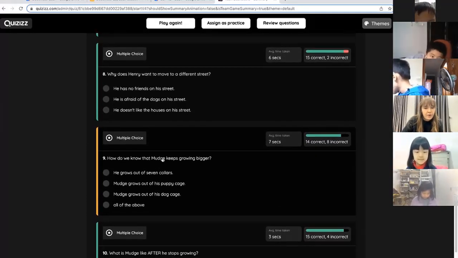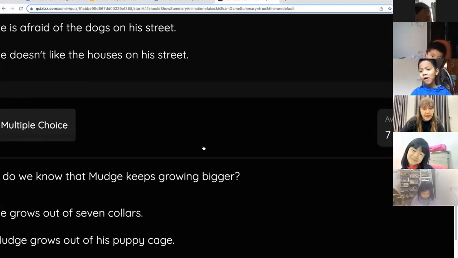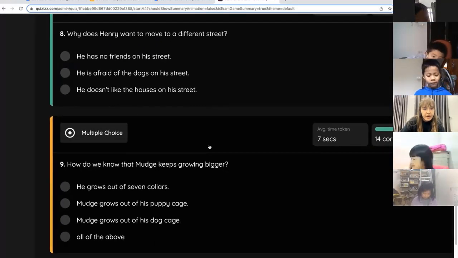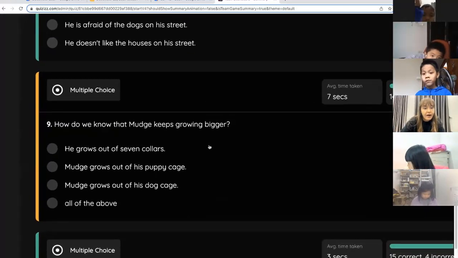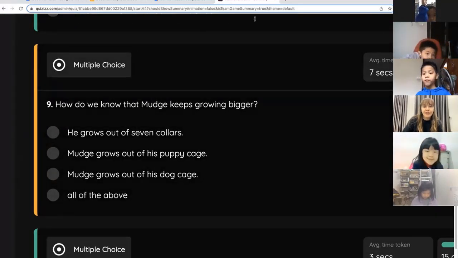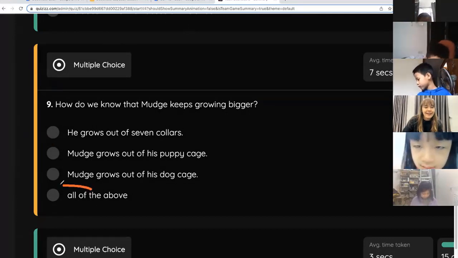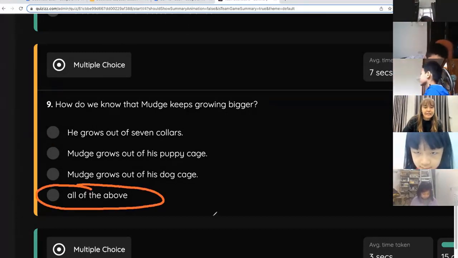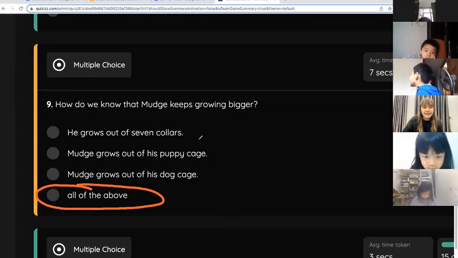So how do we know that Mudge keeps growing bigger? Oh, this was an all of the above question. We have to watch out for our all of the above questions. When we have all of the above, we need to be sure that all of the answers are correct.